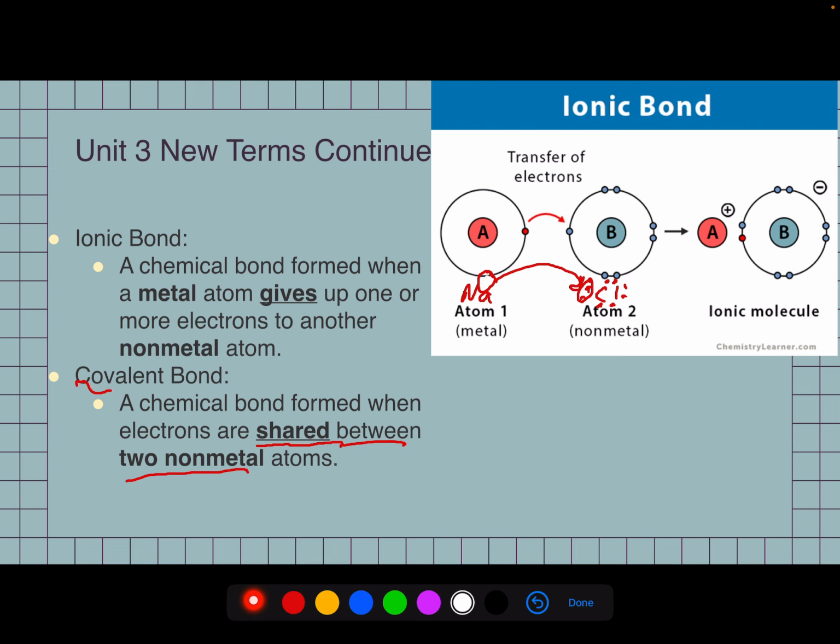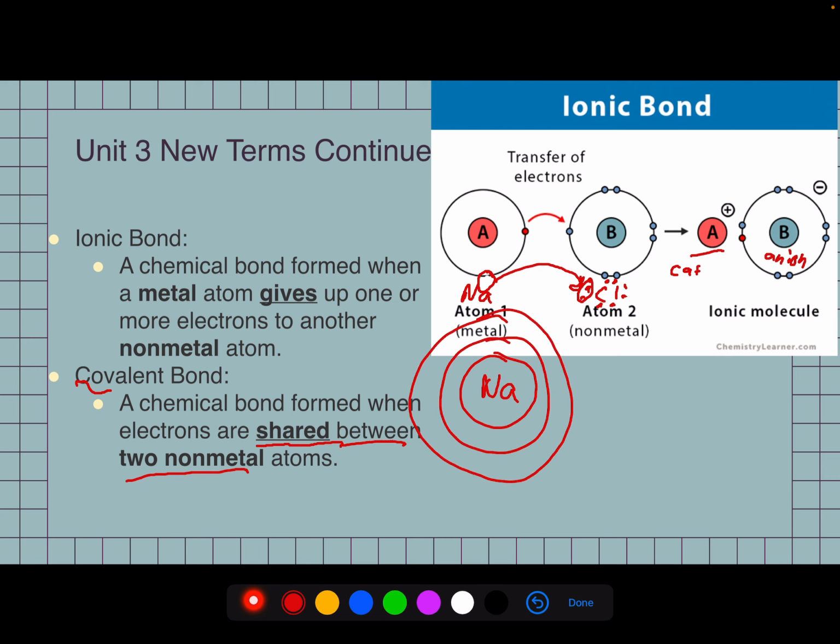Because now it moved over to the chlorine there. And when that happens, we now have our cation, right? So our cation, which is our metal atom, and then we have our anion, which is our non-metal. So if we were, so sodium here, sodium has 11.